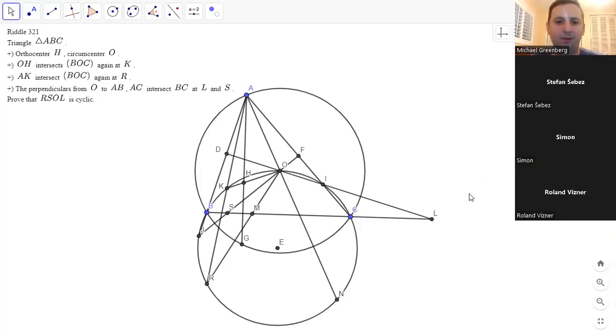That makes me wonder if we can use the isogonal line limit somehow, but I'm going to hold off on that.